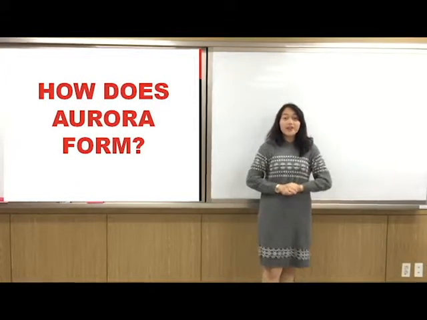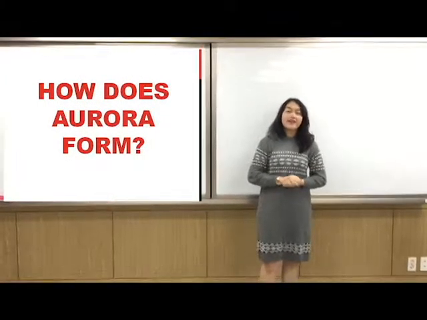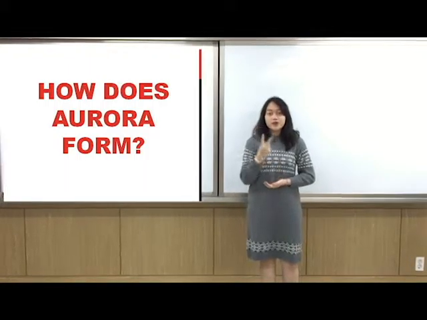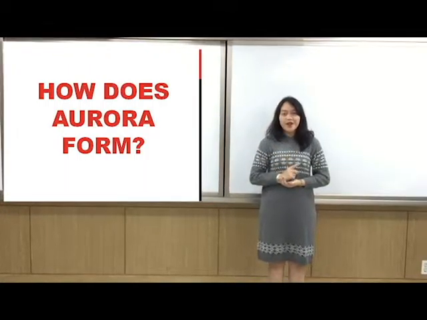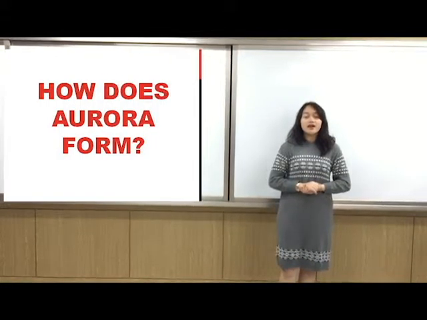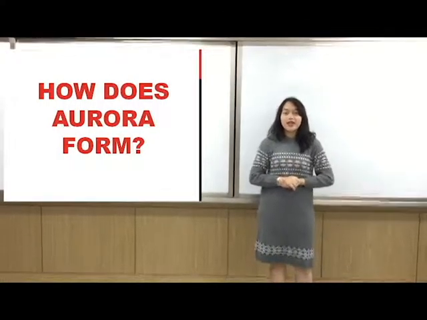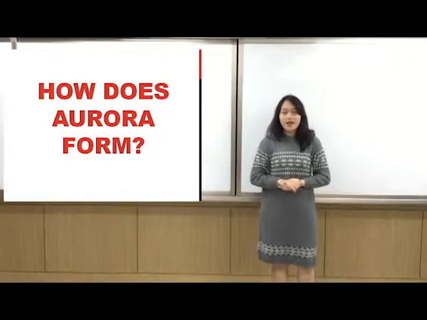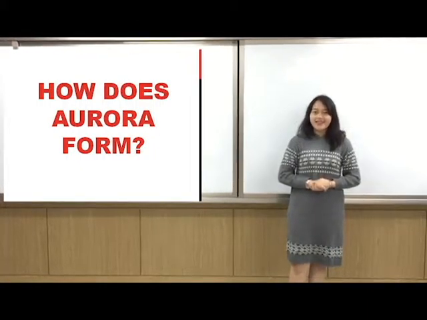Now, how does the aurora form? Before I tell you that, you need to know that there are two types of aurora. The first one is northern lights, also known as aurora borealis, and the second one is southern lights, also known as aurora australis.